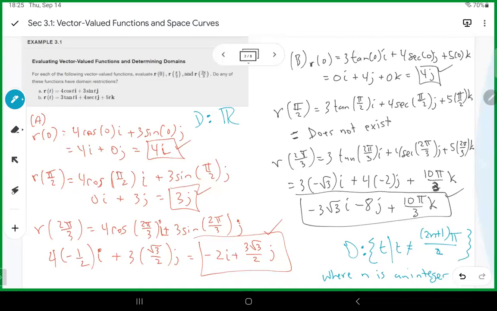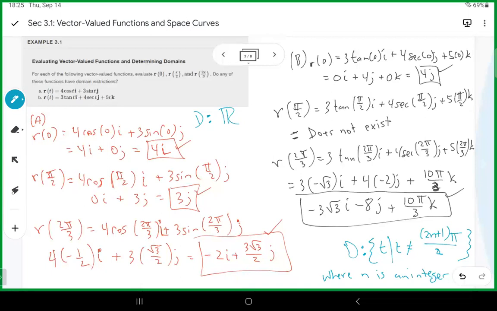I don't care how you write it out. You can just give me the domain, and if you're right, you're right. You can work it out for me, at least in the sense of saying f of t equals 3 tangent t. That function is not defined for odd multiples of pi over 2. g of t is equal to 4 secant of t.